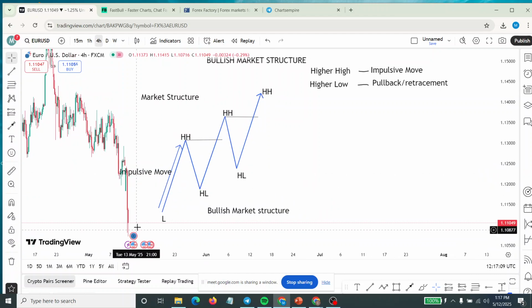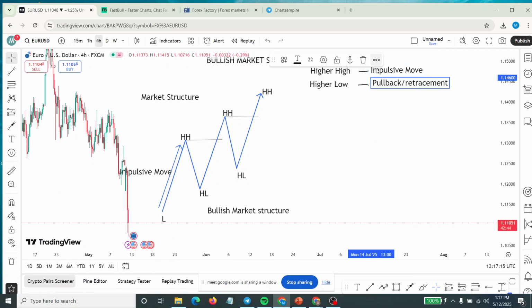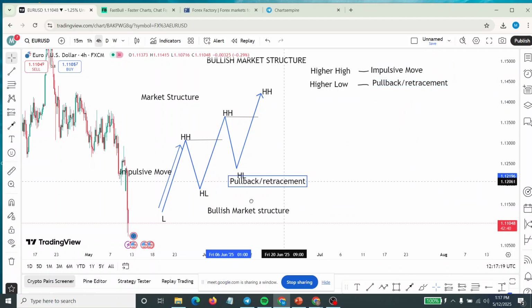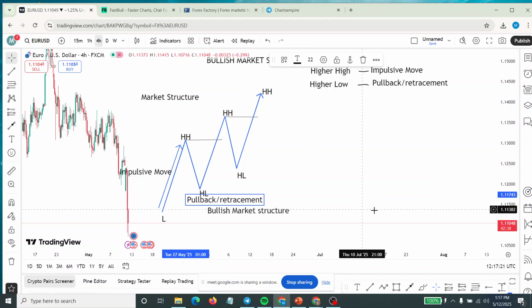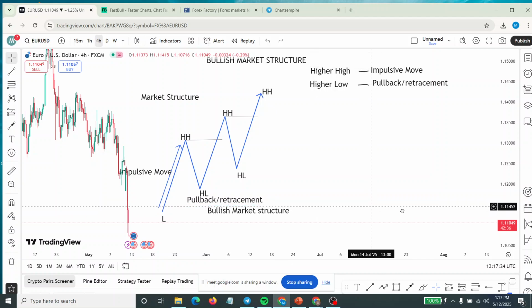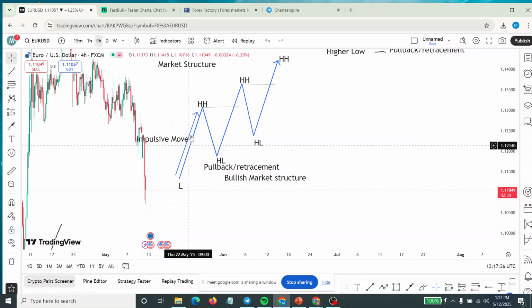For us to have an impulsive move, we must have a pullback. That pullback or retracement is what gives us this higher low you're seeing here. So now we have an impulsive move, which is our higher high. For us to continue this upward movement, the market needs to retrace.